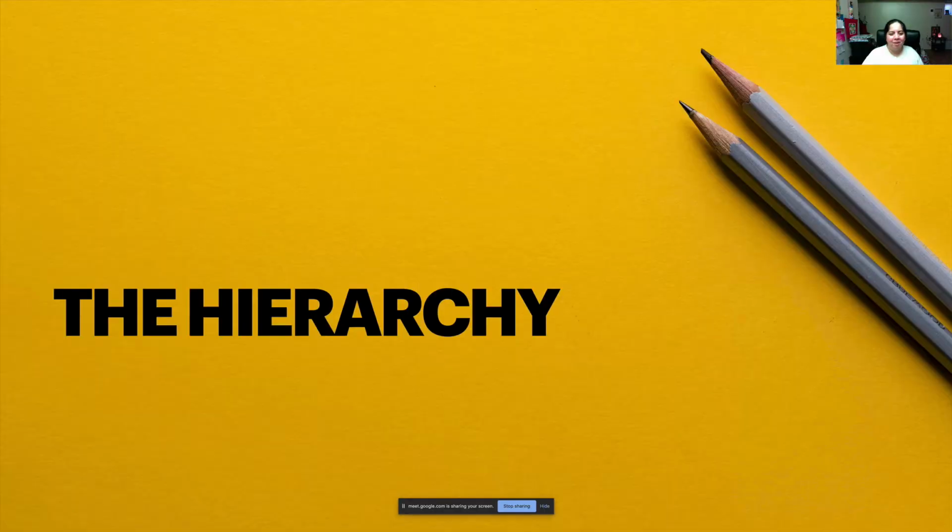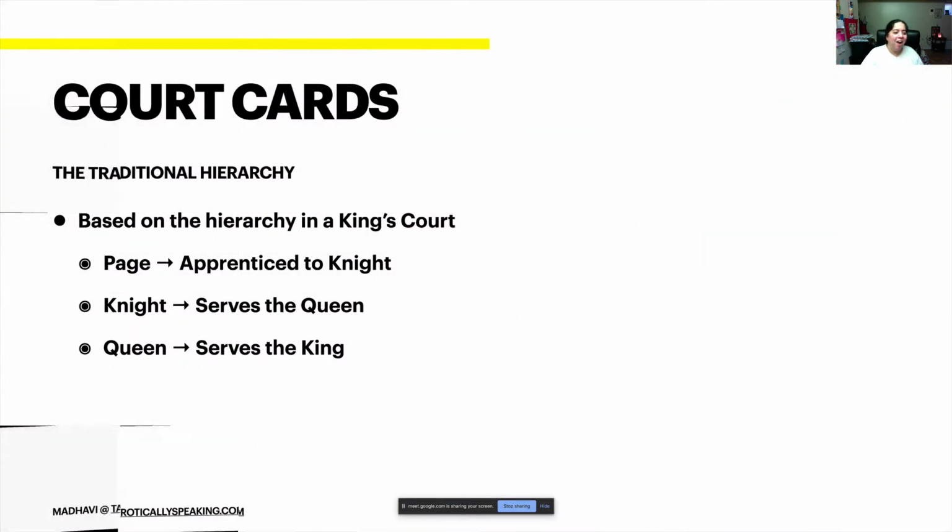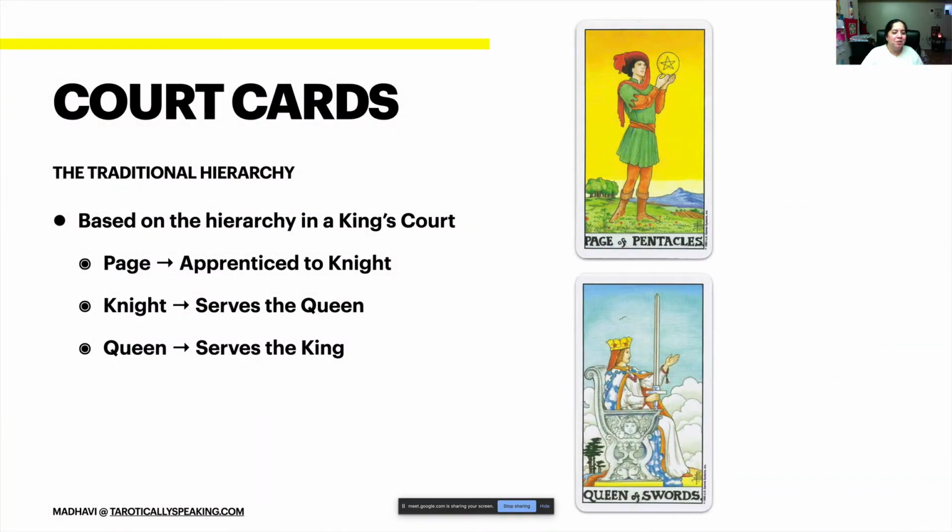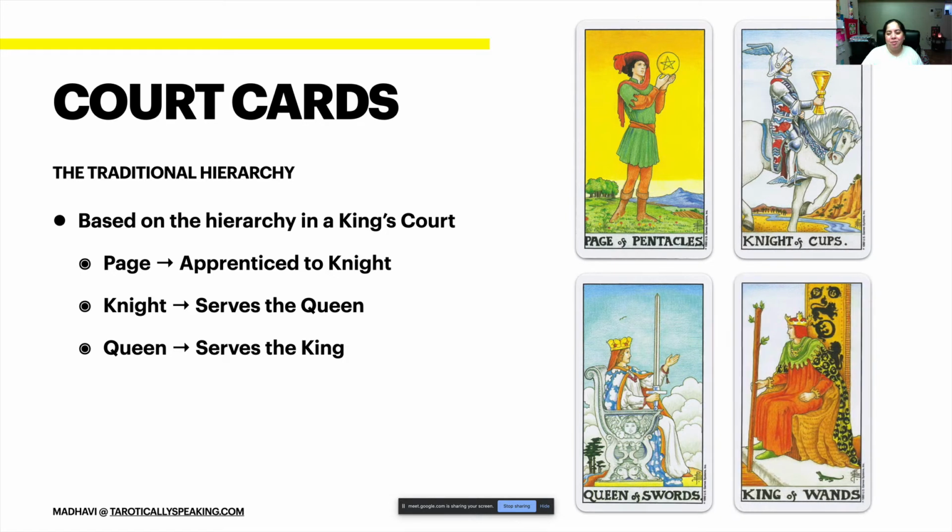Right. Now, the hierarchy. Oh yeah, this is important too. The hierarchy is based on the hierarchy in the king's court. This is just a fun sort of factoid for you guys to know. Why is it that the page is always the youngest and the king is the oldest? It's because the hierarchy was such back in the day that the page used to be apprenticed to the knight, because he was actually in training, right?